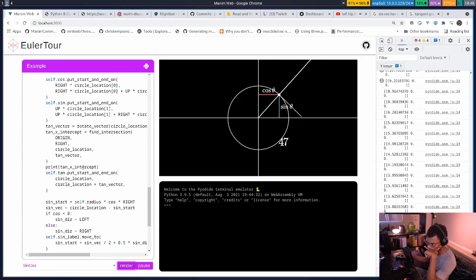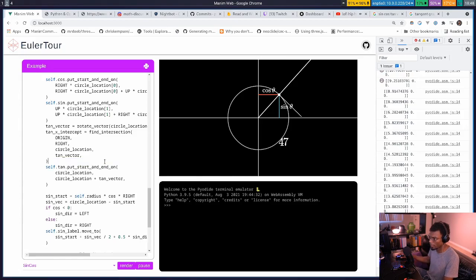So if I have that x-intercept, all I need to do is put start and end on the circle location, which is that point, and then right, which is along the x-axis, times tangent x-intercept.